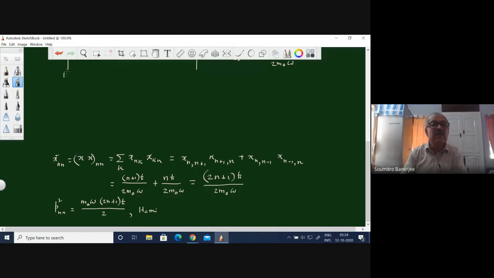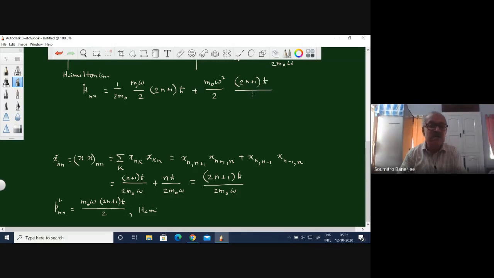The Hamiltonian operator Nn will then become 1 by twice m naught, omega by 2 twice n plus 1 h cross, plus, I'm running out of time, so let us finish today, omega squared by 2 twice n plus 1 h cross by twice m naught omega, and that simplifies to twice n plus 1 h cross omega by 2, which is exactly the eigenvalues.